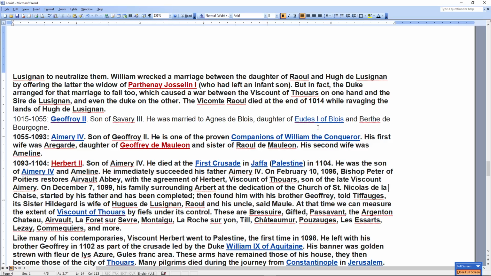But I think one of the more compelling connections is that they were Norman. And there's a lot to be said about being a Norman.